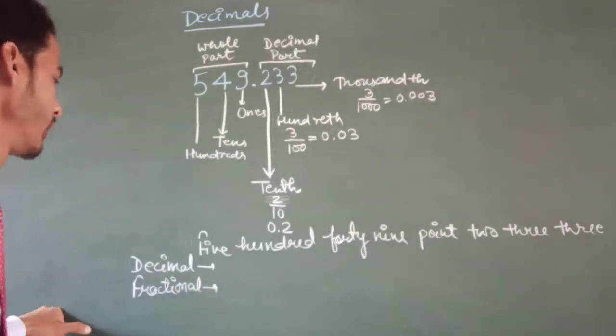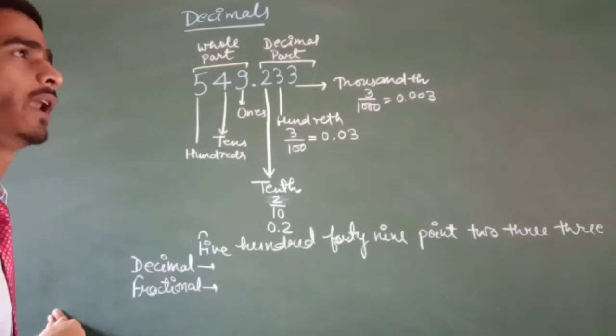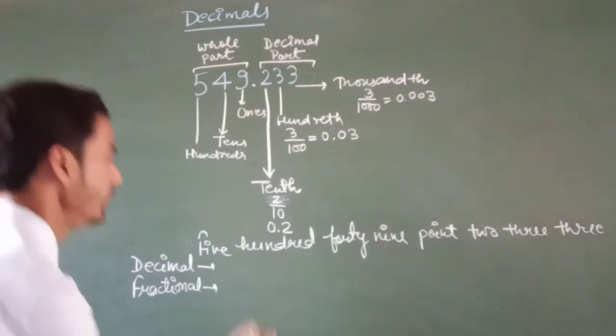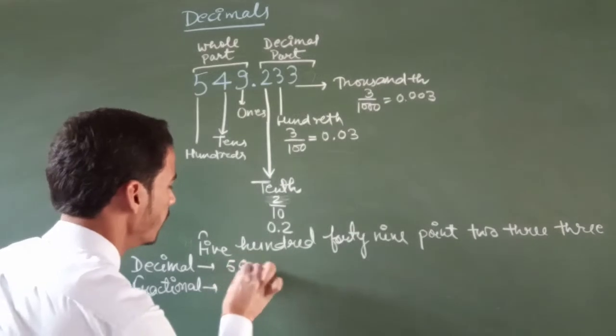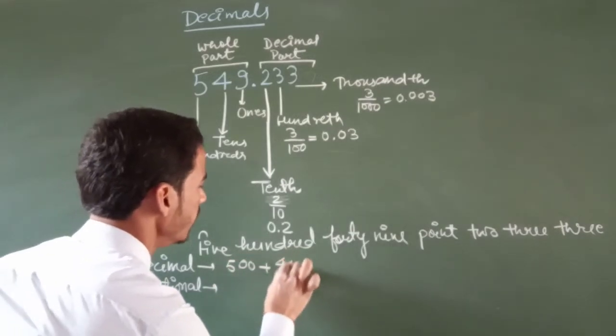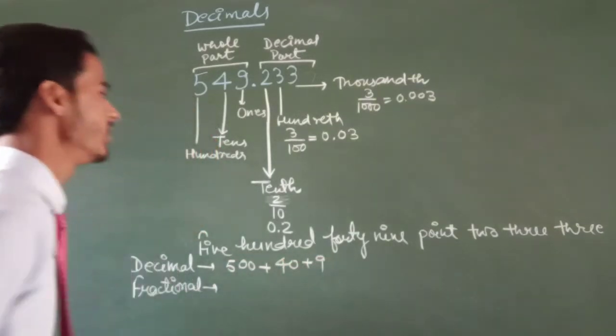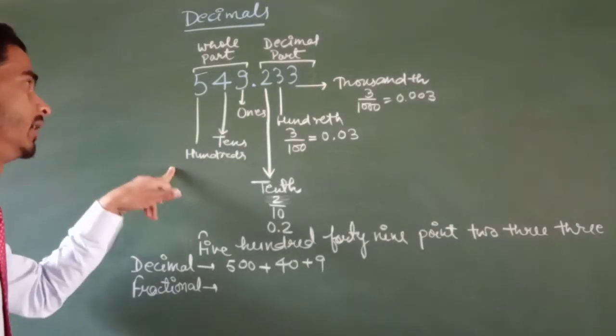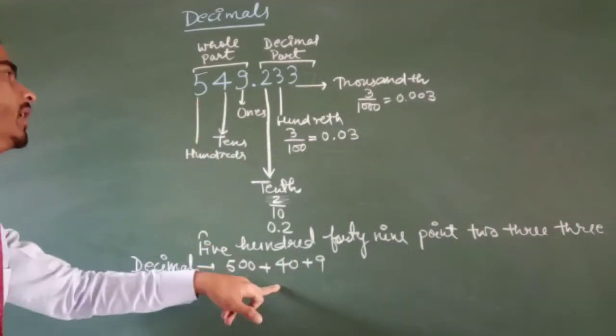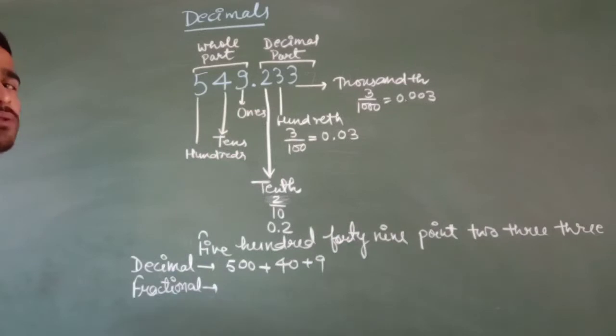Listen carefully. When we write the decimal expansion, it will be 500 plus 40 plus 9, because the place value of 5 is 100, the place value of 4 is 10, and the place value of 9 is 1.